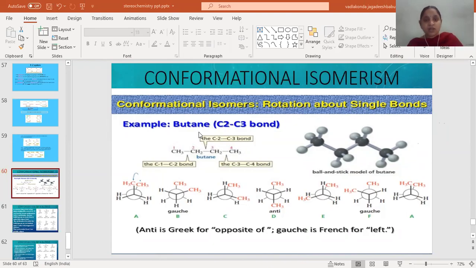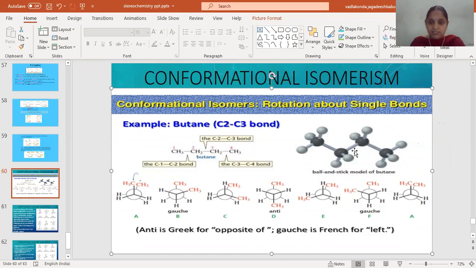For example, butane. Butane is CH3, CH2, CH2, CH3, 4 carbons it is having, and this bond is C1C2 bond, next is C2C3 bond, this is C3C4 bond, and this is the ball and stick model of butane. And coming to the structures of the conformational isomers, n-butane can give so many different conformational isomers.